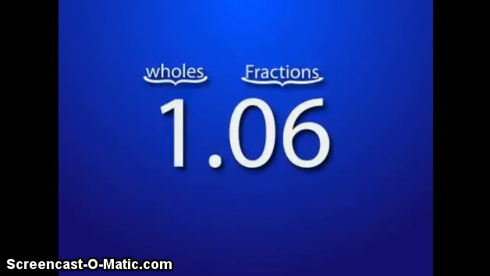When you read decimal numbers, the digits on the left side of the decimal point tell about the number of wholes. The digits on the right side tell about the fraction or part that's added to the wholes. 1 and 6/100 is 1 whole and 6/100 more. How many wholes are in this number? Yes, 9.